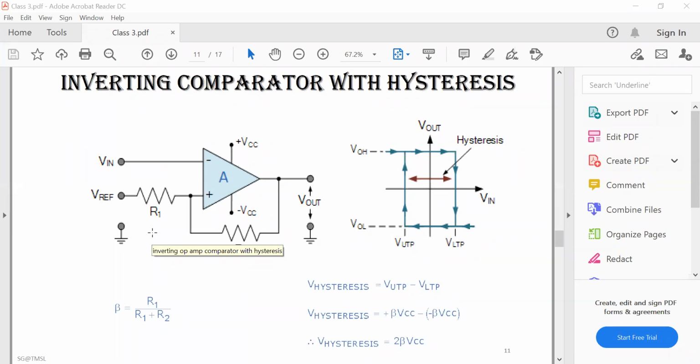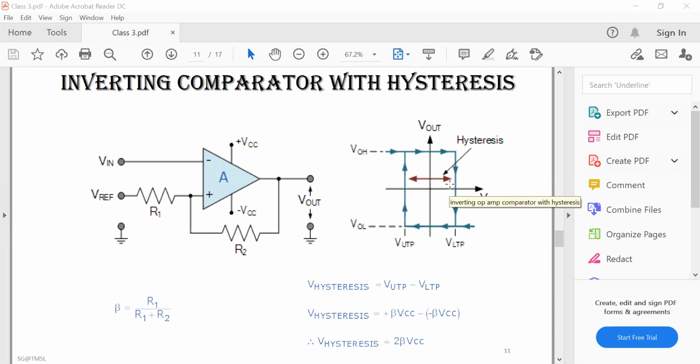And it creates the negative saturation voltage at the output, which you have seen here. Then the input signal must fall below this second voltage level, the lower trip point, VLTP, to switch back to its original positive voltage again.